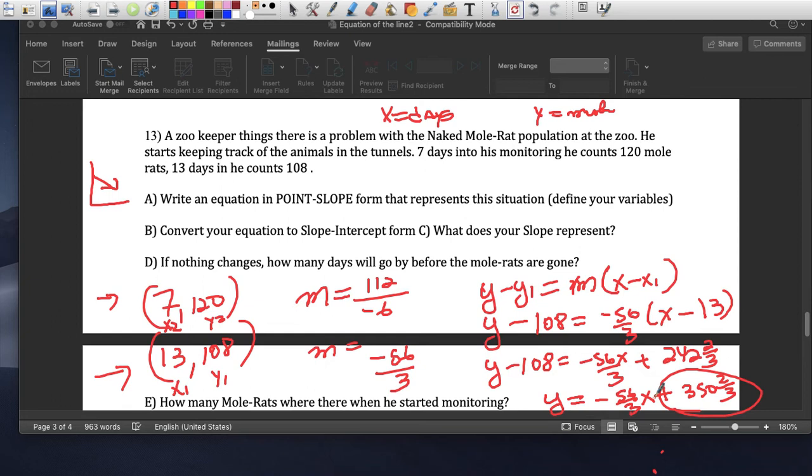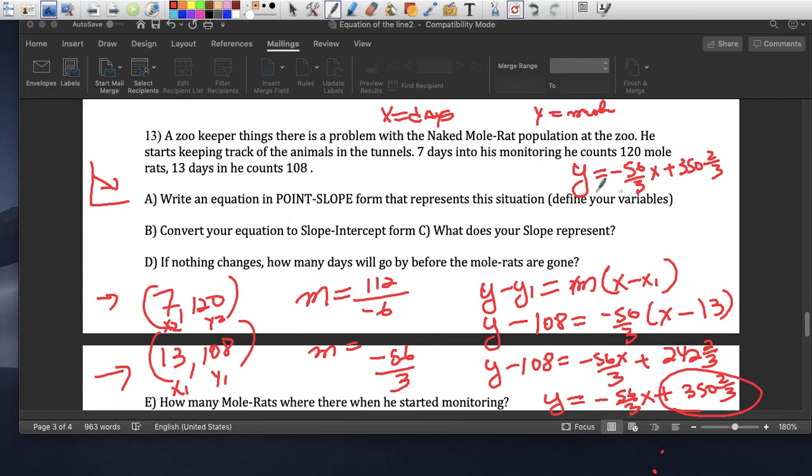Okay. If nothing changes, how many days will go by before the mole rats are gone? Good question. Let's see. When the population of the moles is 0, how many days would it have been? So you would use this equation: y equals negative 56 over 3x plus 350 and 2/3.